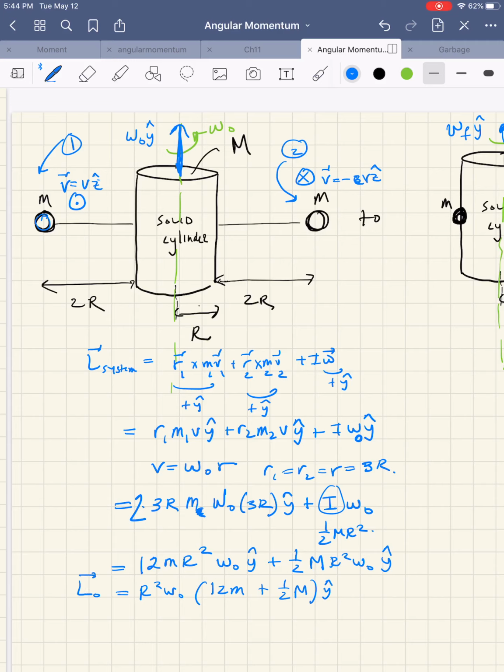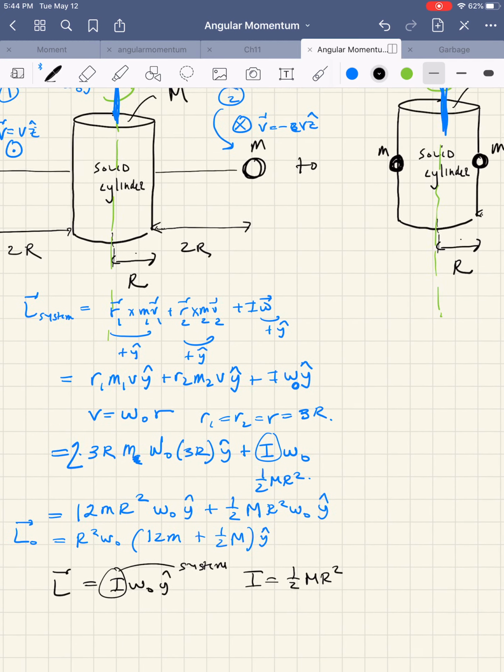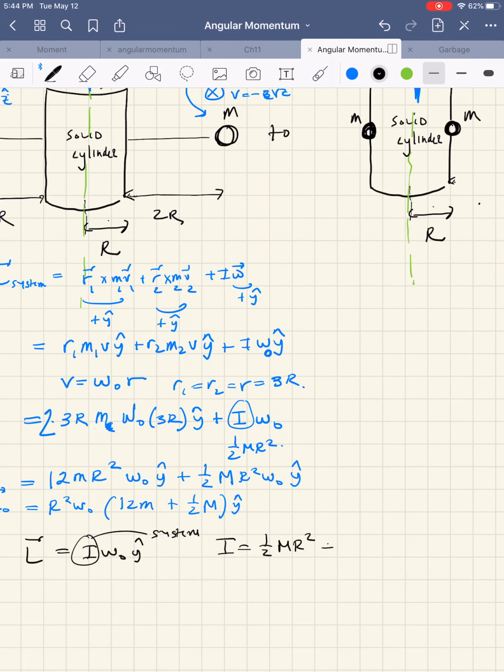Now look, I could have done this a different way. I just feel like I should tell you that this is equivalent to writing this as I omega naught y hat, where I is for the system. I could have written I as the moment of inertia of the cylinder plus the moment of inertia of each of the individual point masses.